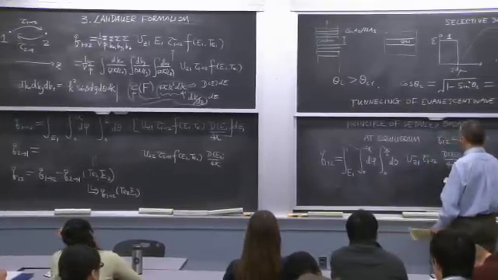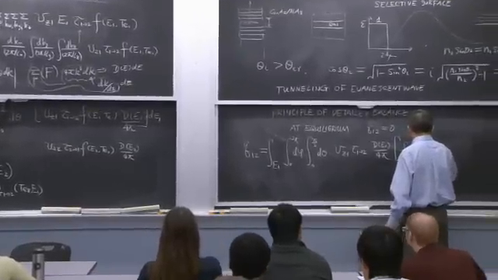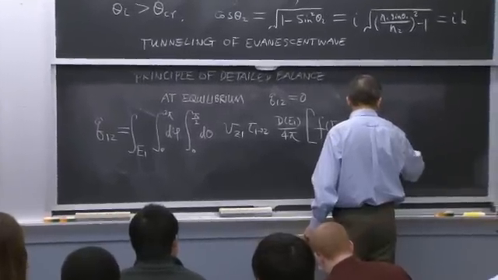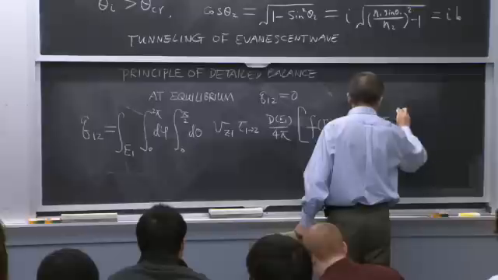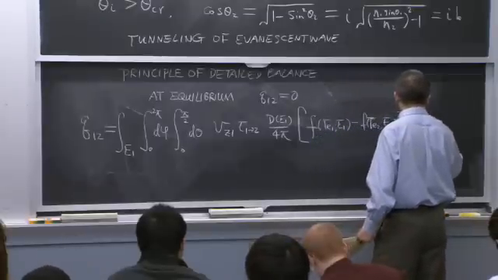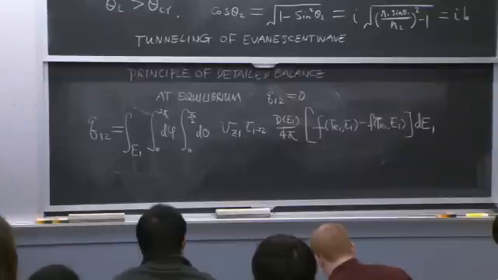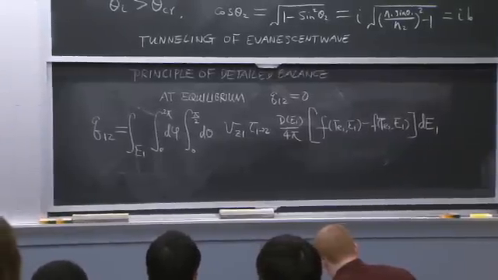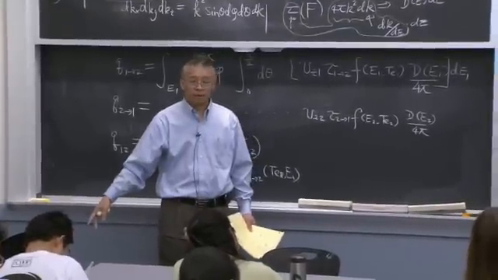And what's different now is f at T1, E1 minus f at T2, E1, dE1. So I have conveniently used the detail balance principle to write this expression in terms of only one side, either side 1 or side 2.